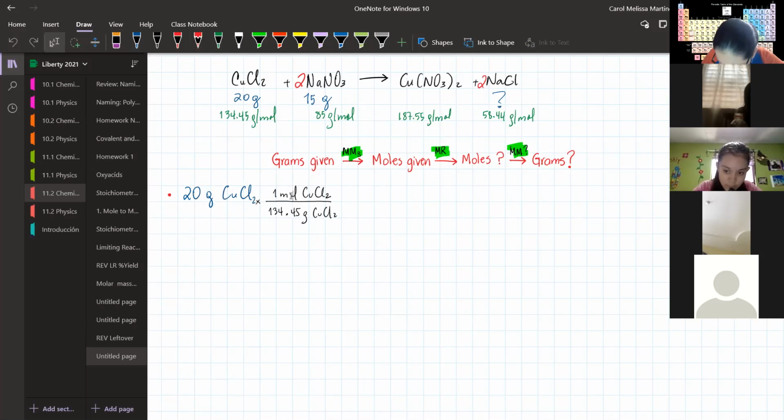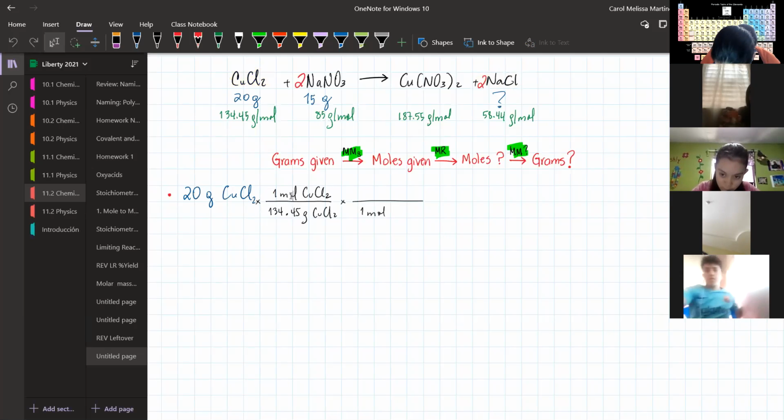Okay, now the next step is molar ratios between CuCl2 and NaCl. Okay, so the mole ratios are 1 to 2. 1 mole CuCl2 against 2 moles NaCl.